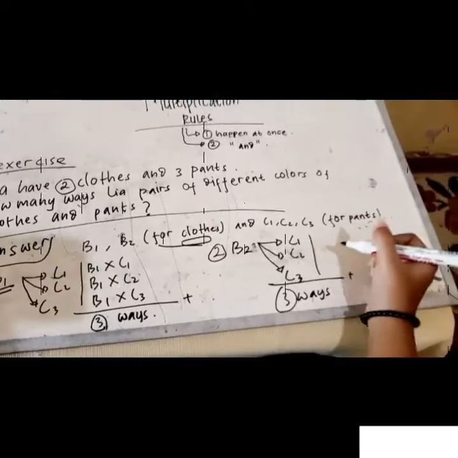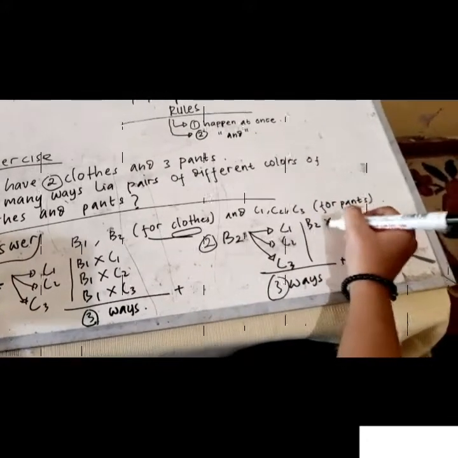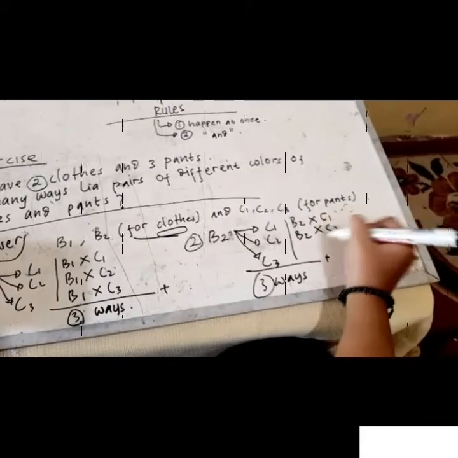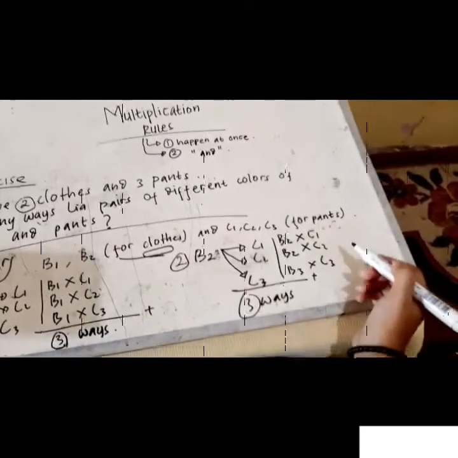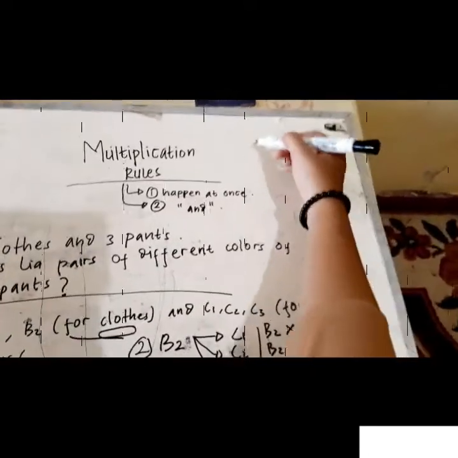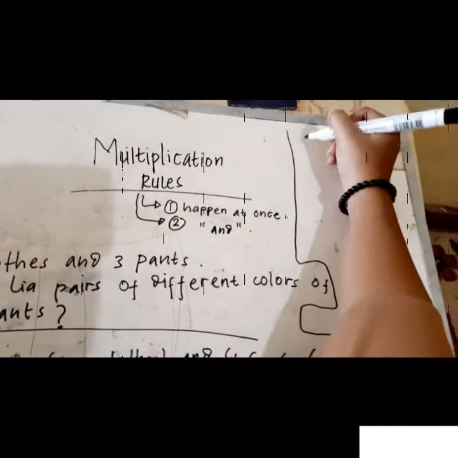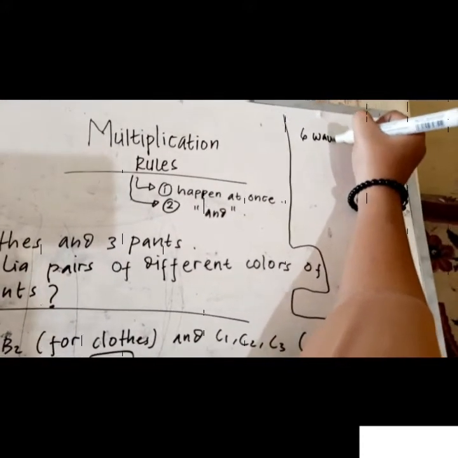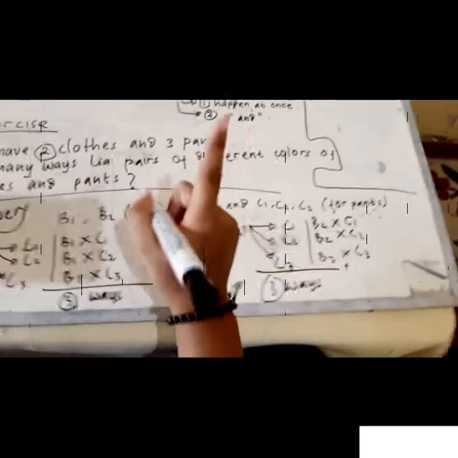Then we pair them: P1 and C1, P2 and C2, P3 and C3. So there are 6 ways that Leah can wear one shirt and pants of different colors.